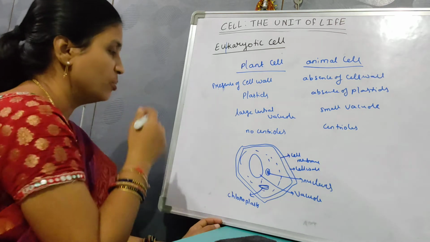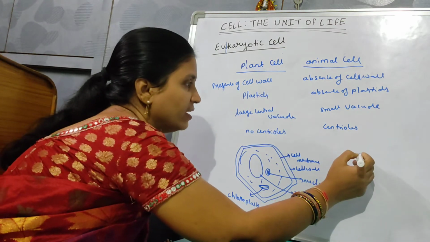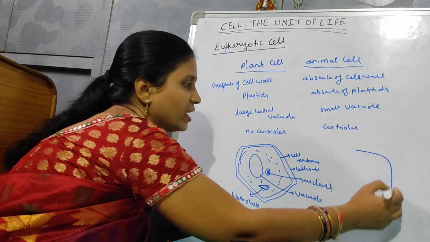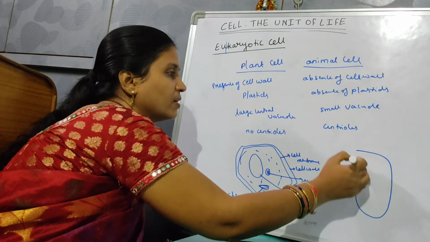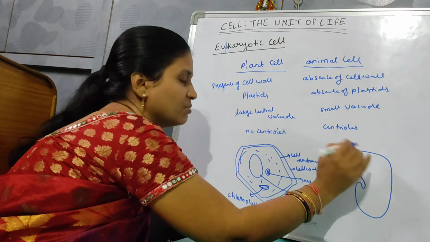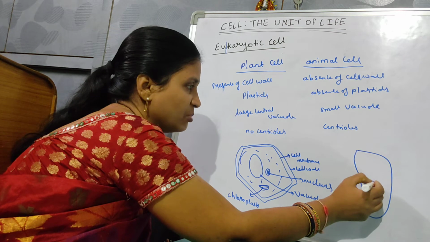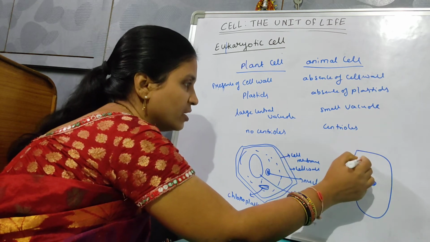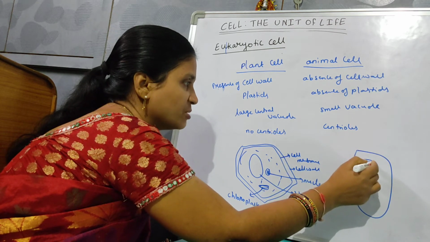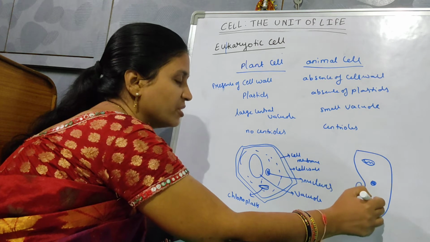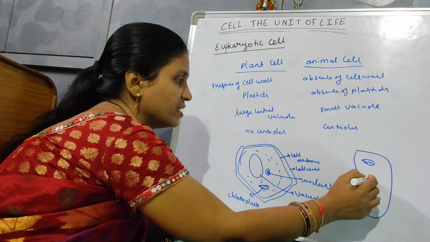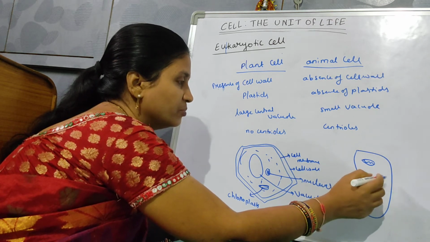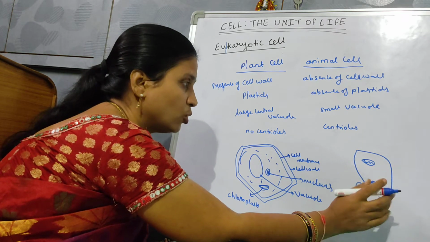Chloroplast. If you take an animal cell, there is no cell wall. Cell membrane is present. Centrally placed nucleus is present. Here the mitochondria is present. The centrioles are present. Ribosomes are present. No chloroplast is present.